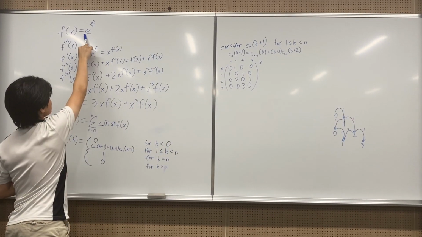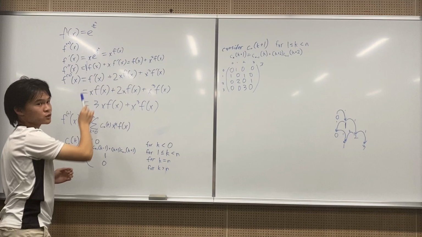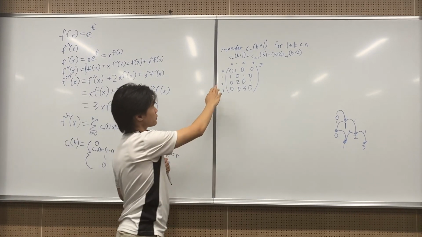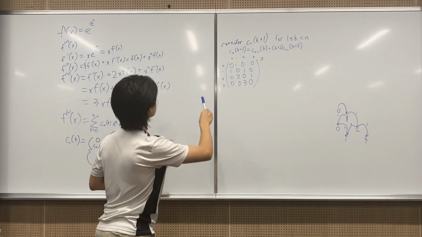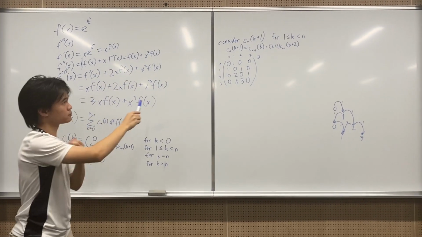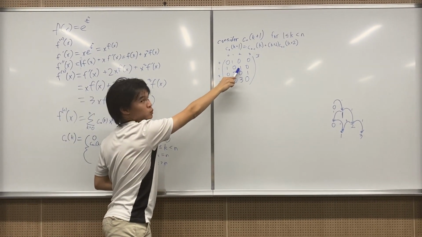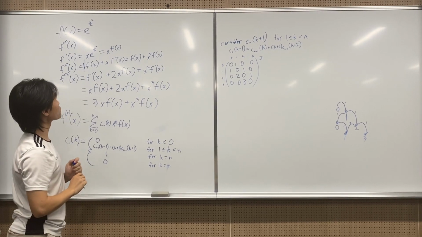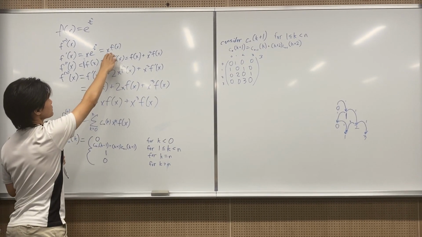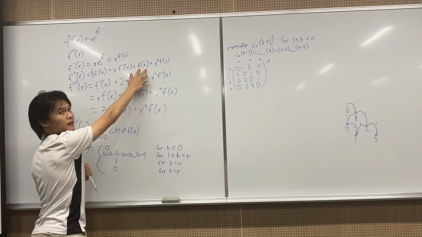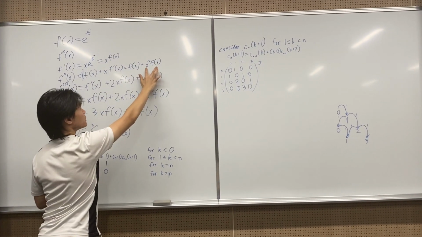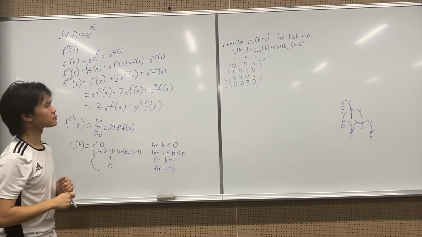The first order term is able to contribute 1 to the constant term, as well as 1 to the second order term. Here we can see that again, the first order term is contributing 1 back to the constant term and 1 to the second order term.